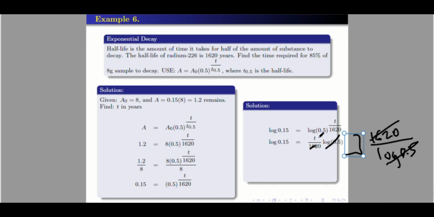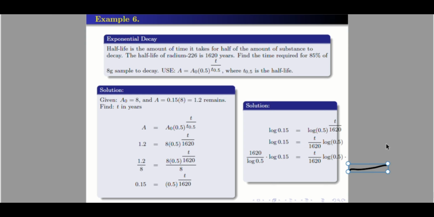On the other side also, we must multiply by the same expression to maintain equality. So 1,620 divided by log 0.5, multiplied to log 0.15. So it will look like this.